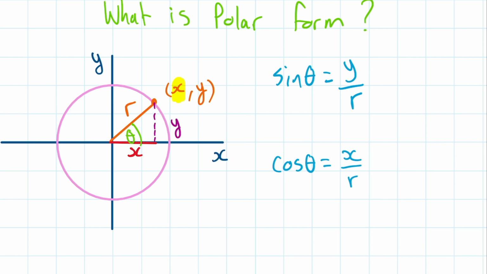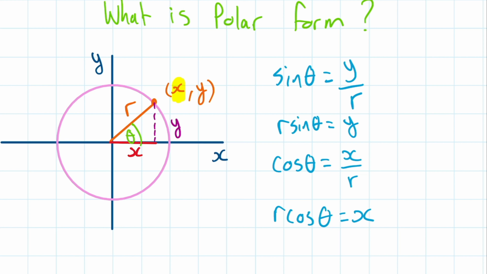If I write each of these in terms of y and in terms of x, then I'm going to wind up with r sine theta is equal to y, and r cos theta is equal to x. Okay, so I have an expression for y is equal to r sine theta, and an expression for x is equal to r cos theta.